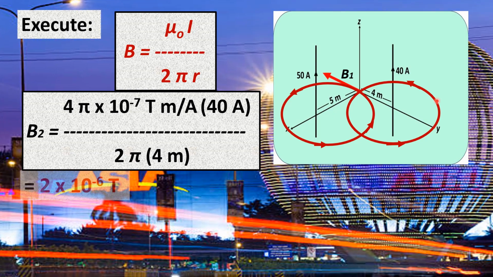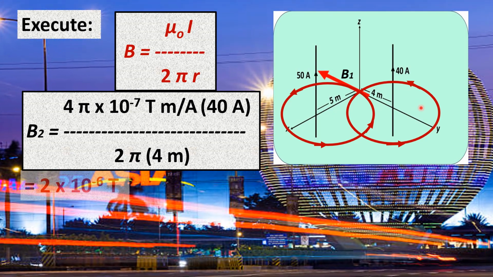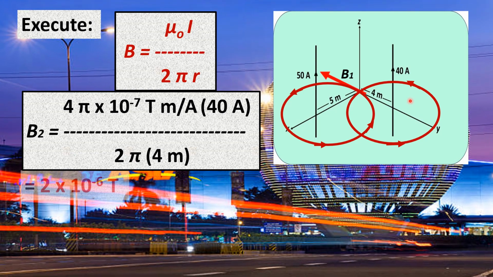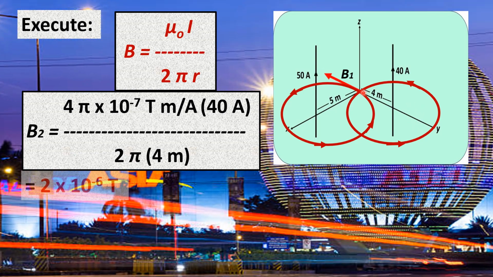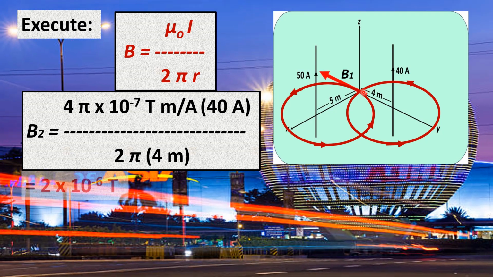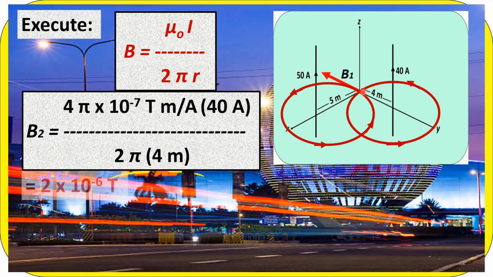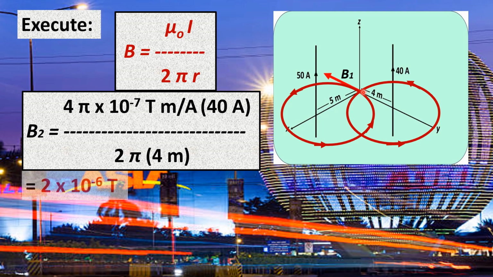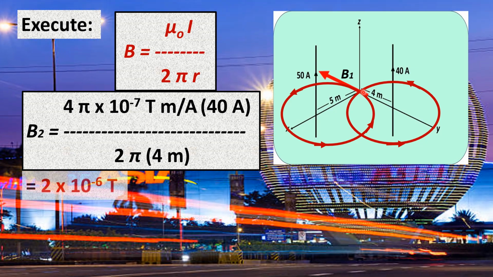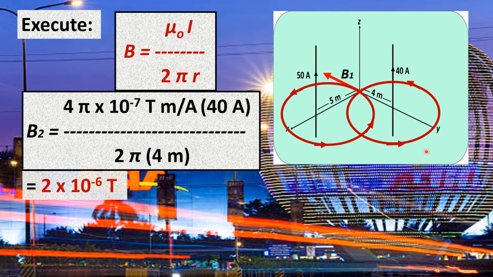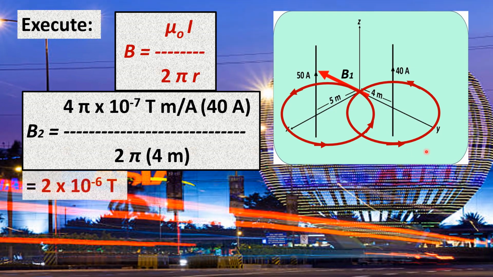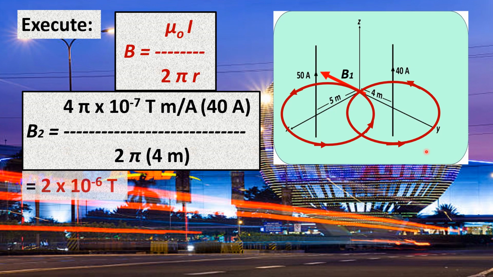So, part of the magnetic field induced around the second wire, the one that is tangent to the origin, you will realize as well that the direction of the tangent line is directed into the positive x-axis.